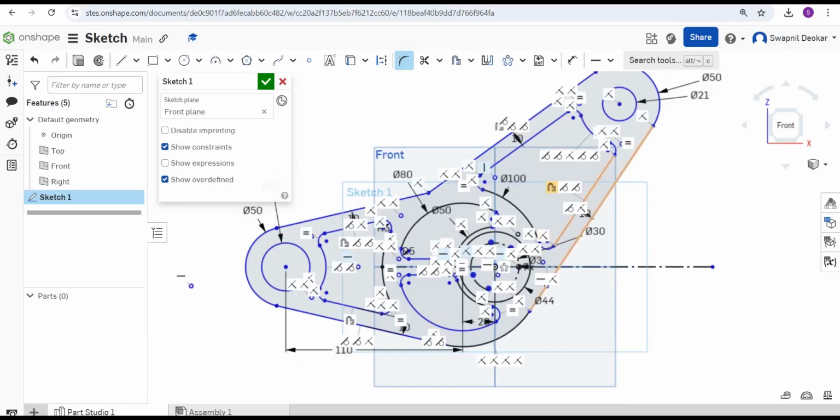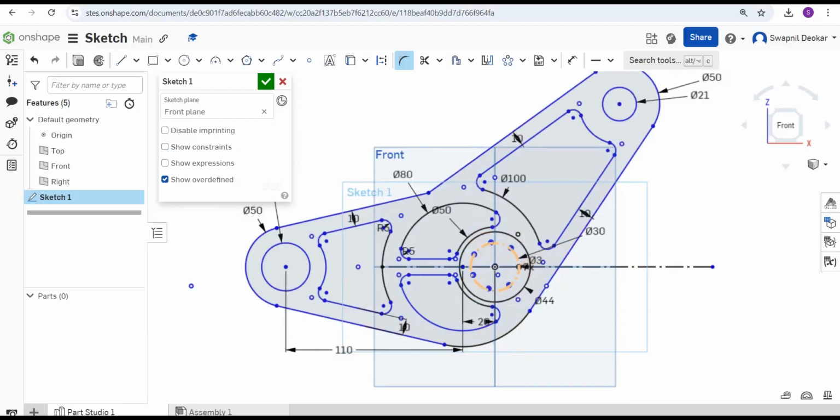Okay, so we have to delete some of the constraints, then it will be proper. Still some constraints are there.